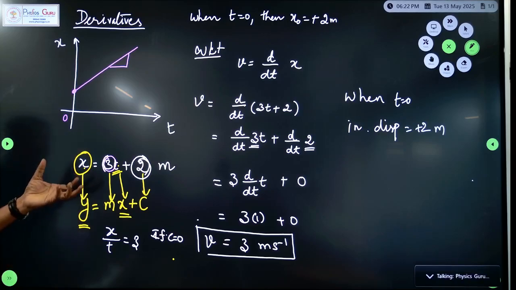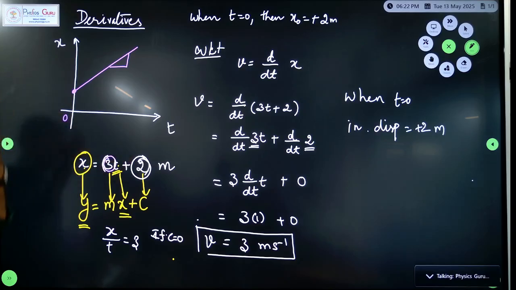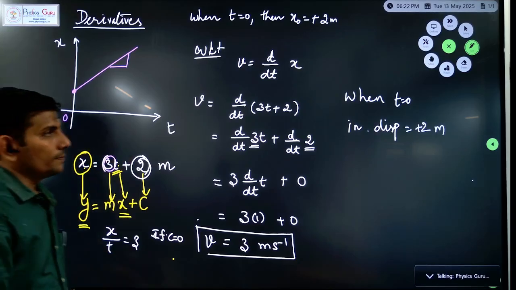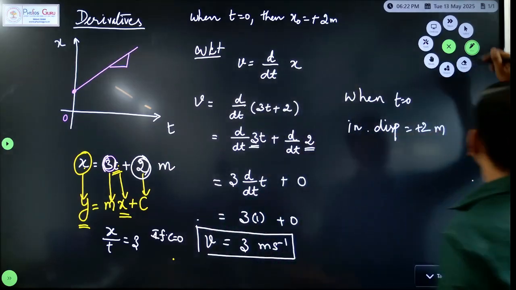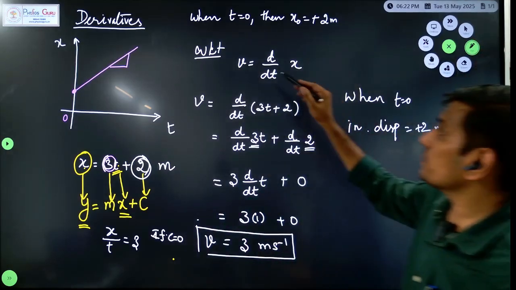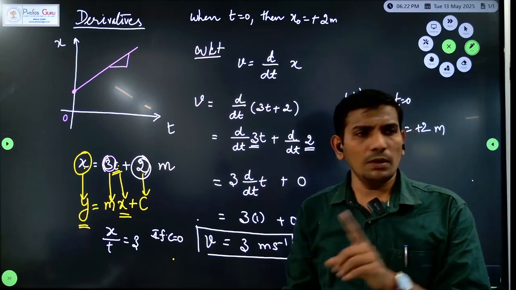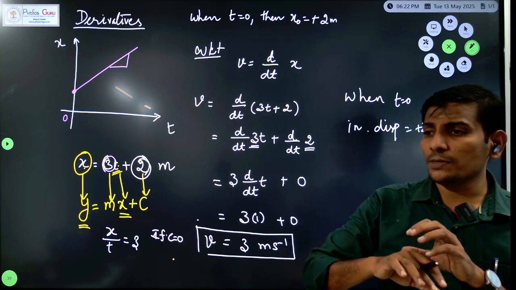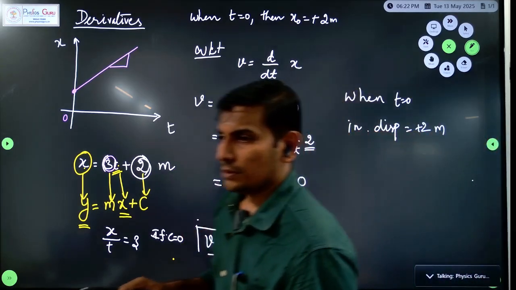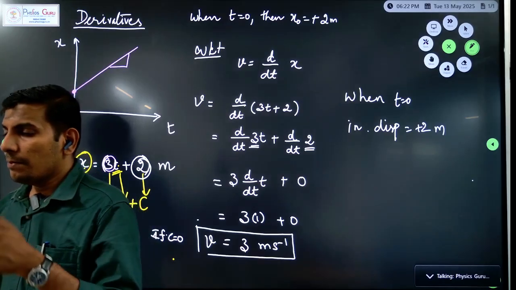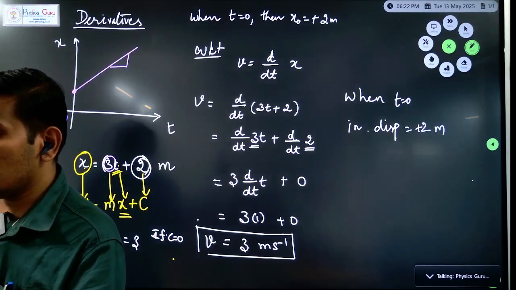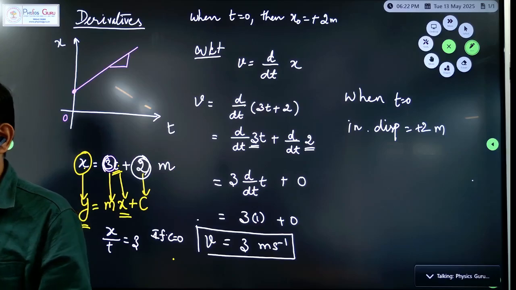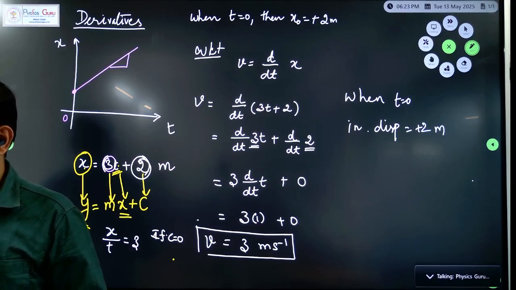So this is what we generally call the first order derivative. Now we will do the second order derivative. I hope you remember, in any quadratic equation or any algebraic linear equation, the maximum power of the equation is called the order of the equation.